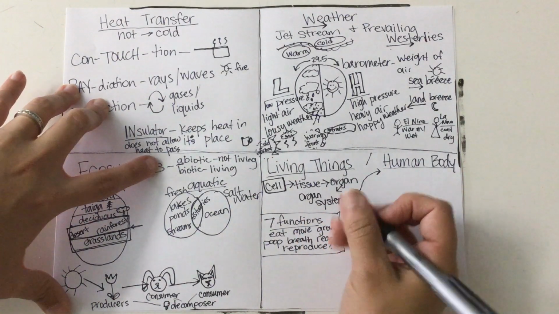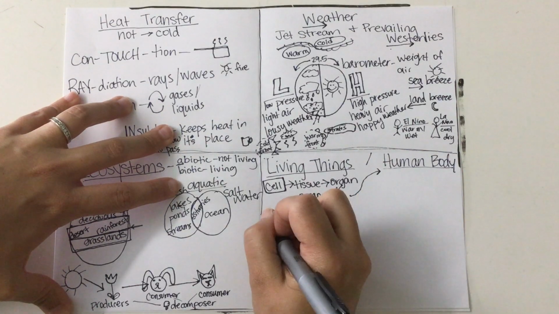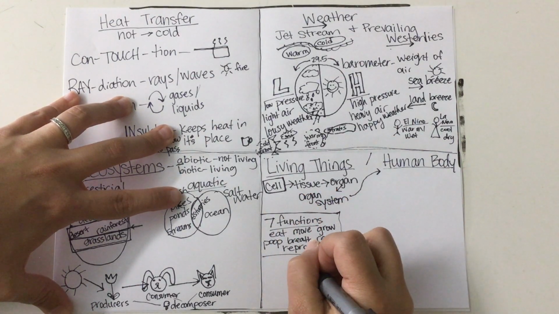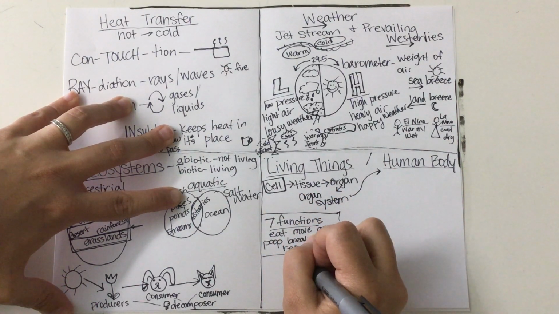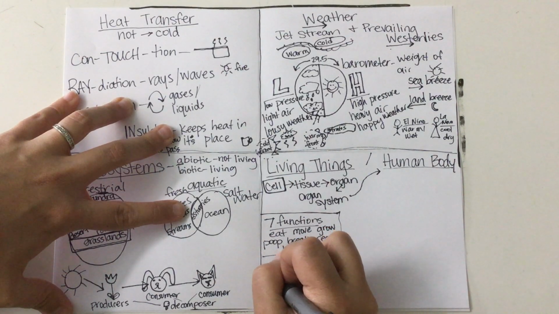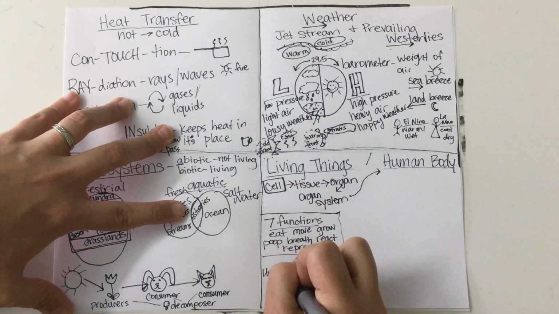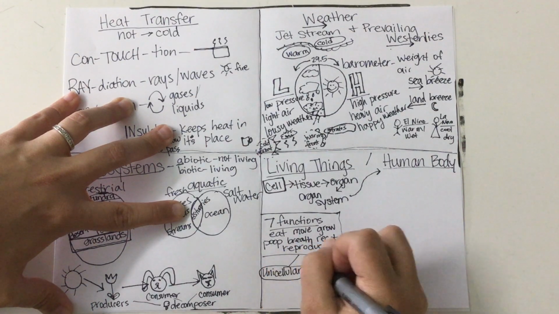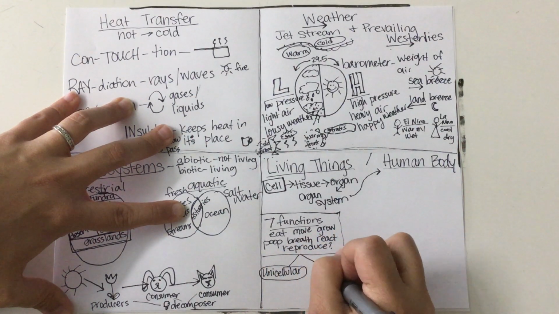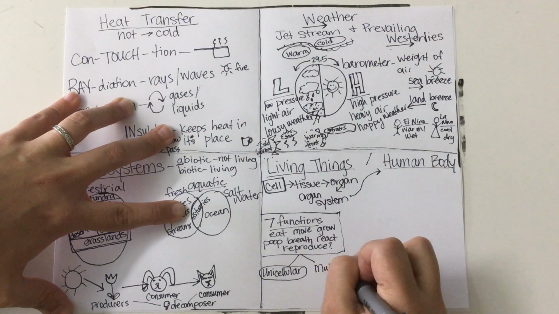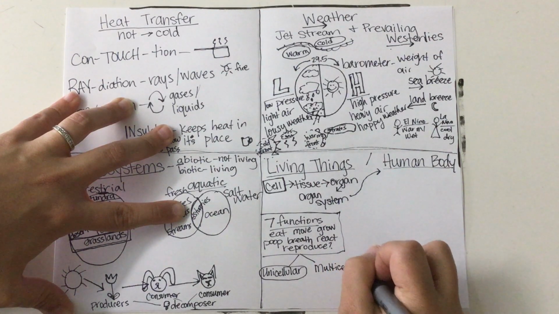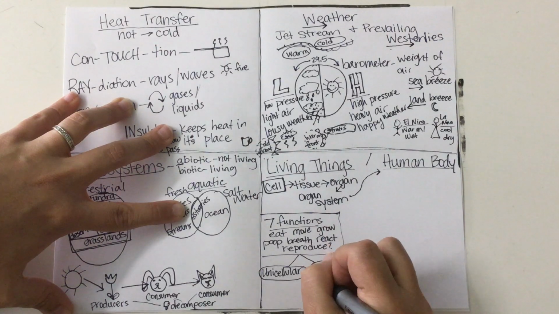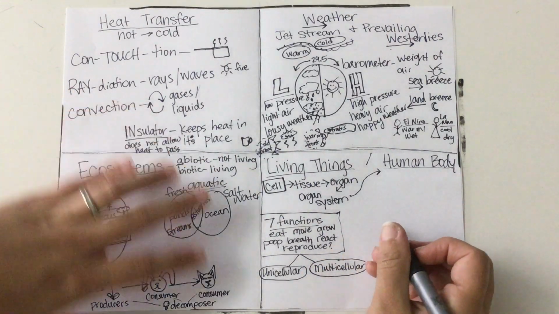Now, we want to remember that all living things can perform these 7 functions. Some things can do this with only one cell, and those are considered unicellular. But then some organisms are multicellular. They have many cells that work together to keep the organism alive.